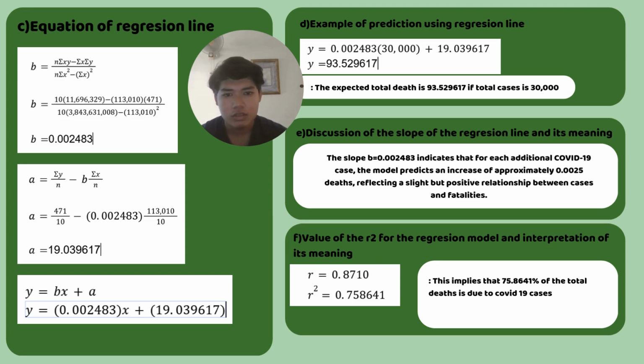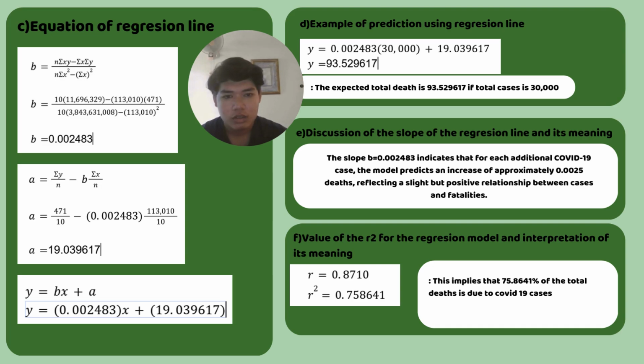And the last one is the value of R2 for the regression model and the interpretation of its meaning. From the calculation, we got R equal to 0.87110, and for R square, we got the value 0.758941.